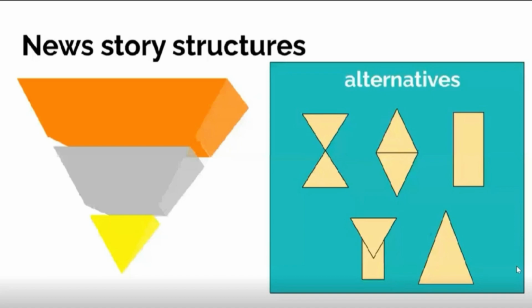Later, I will explain to you what a nut graph is. So, yan ang pagkakaiba ng inverted pyramid at saka alternative structure. Yung inverted pyramid, if you want to report urgent stories, and then kapag developmental story na siya, since na-report na yung event, may follow-up news lang tayo, we can now use the alternative structure.